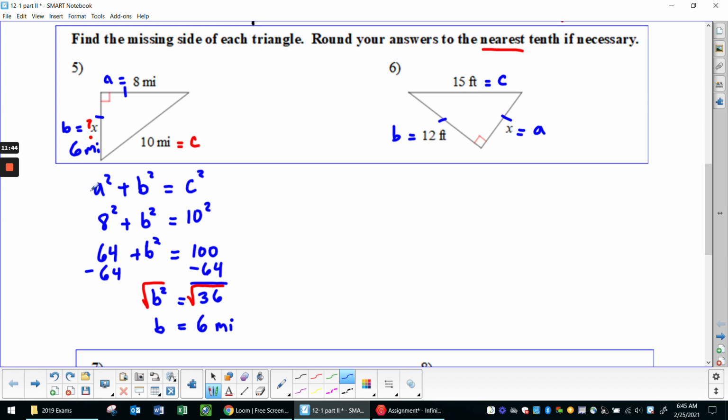And we know the hypotenuse is across from the 90-degree angle. So that's important to recognize as well. Go ahead and try to solve for A, and we'll be right back.